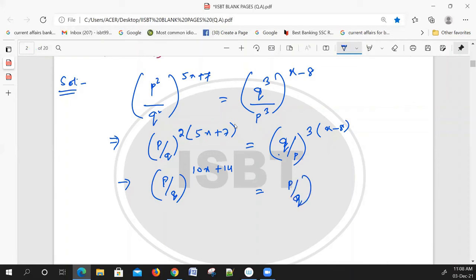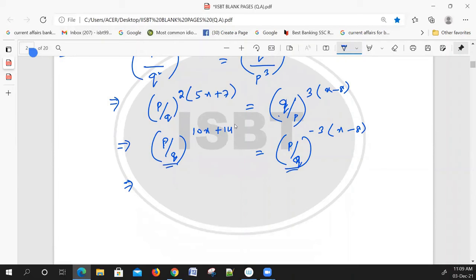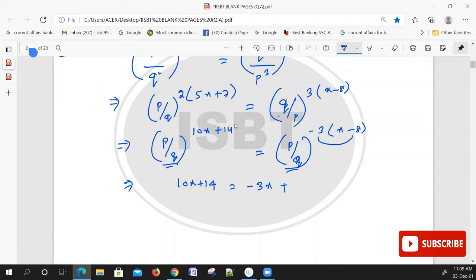Okay, it should be minus, so it becomes −3 into (x−8). The next step, you can write P/Q base is equal. So now you can write 10x+14 is equal to −3x+24.